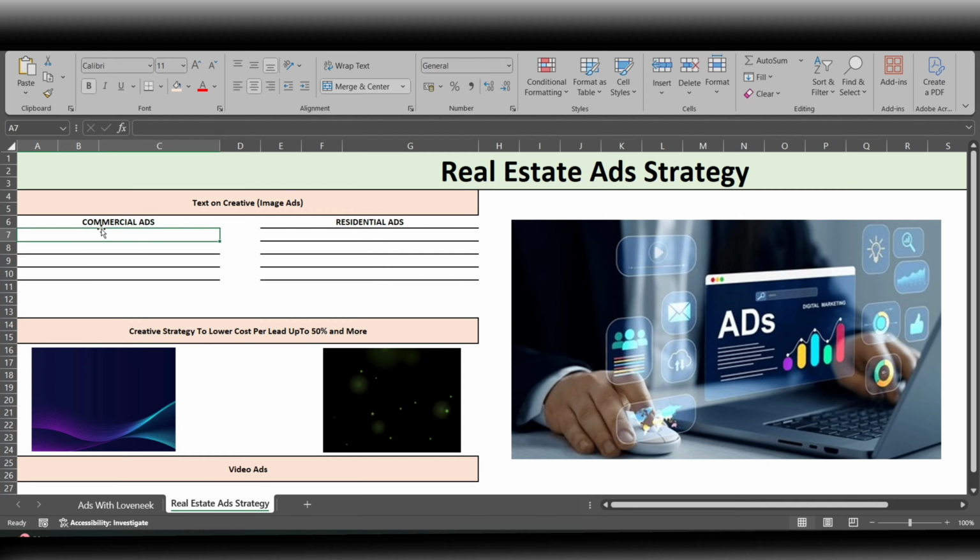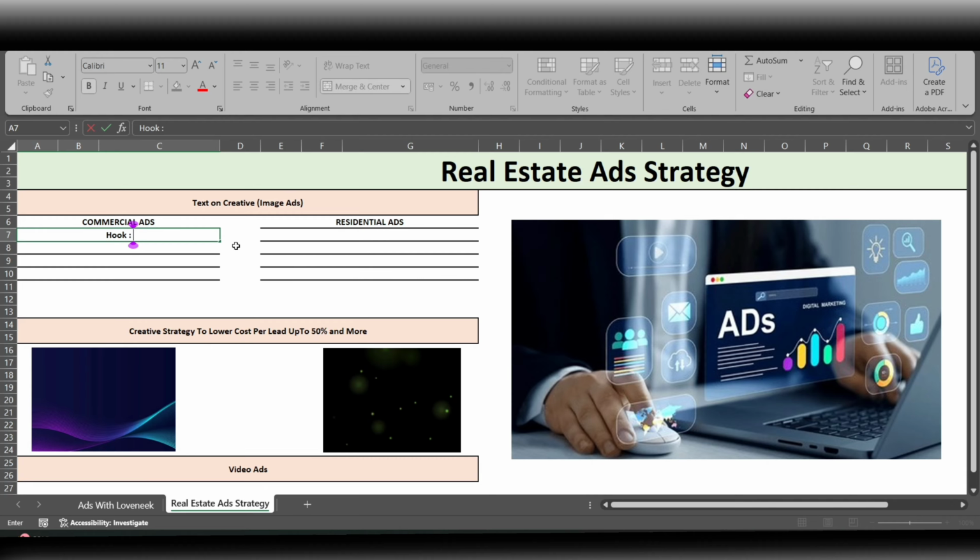So for a commercial property, the first thing that you need to add is a great hook. Let's say we are marketing a commercial property. Commercial properties are majorly used for investment purposes. So you can write a great hook which is very big in size, so that if someone is scrolling, then in 1 or 2 seconds they read it and understand what it is about.